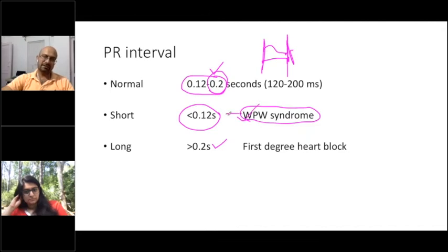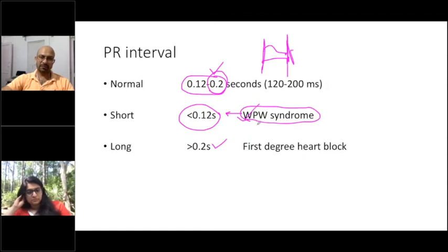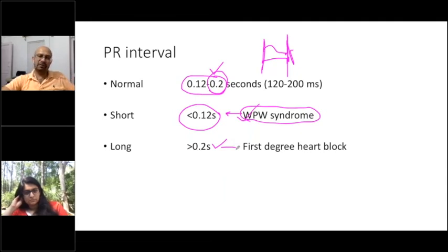It's not sufficient, but it is necessary to call it a WPW syndrome. When it is longer than 0.2 seconds, we have the first degree heart block. So if all the P waves are there, all the QRS complexes are there, but the PR intervals are prolonged beyond 0.2 seconds, then we say this is the first degree heart block.